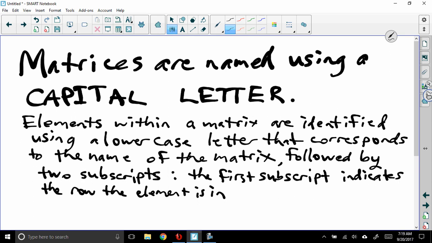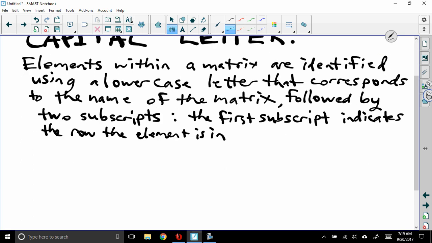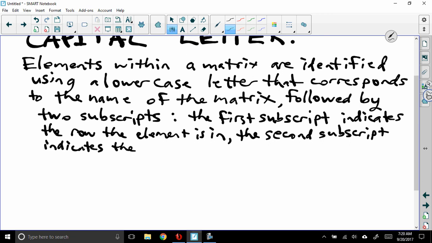So you could probably guess what the second subscript indicates. The second subscript indicates the column the element is in.